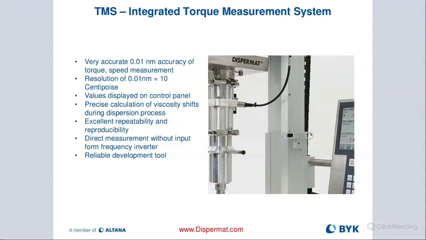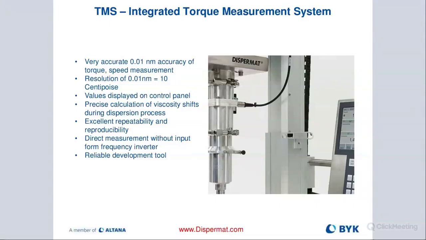These values are then displayed on the actual control panel, so you can see that. You can also record that data. And it also helps you to precisely calculate any viscosity shifts that are happening during the dispersion process, especially if you want to upscale to pilot or manufacturing.